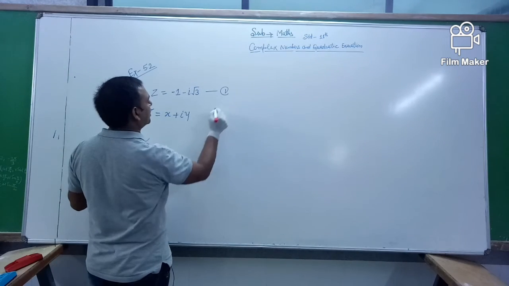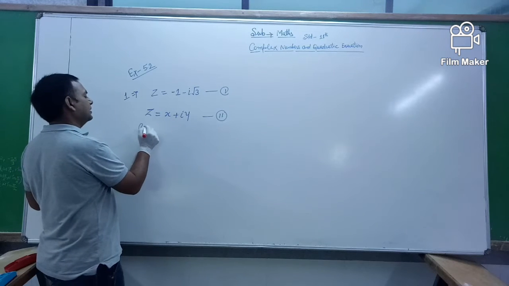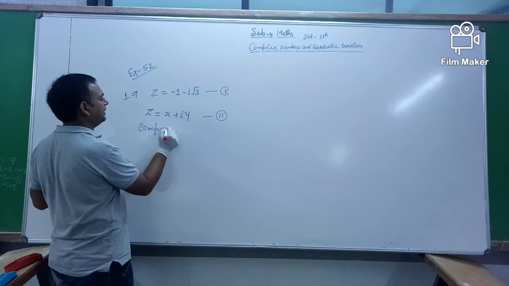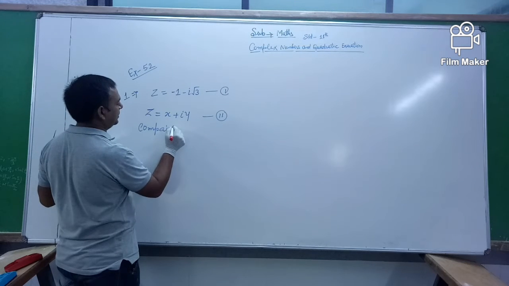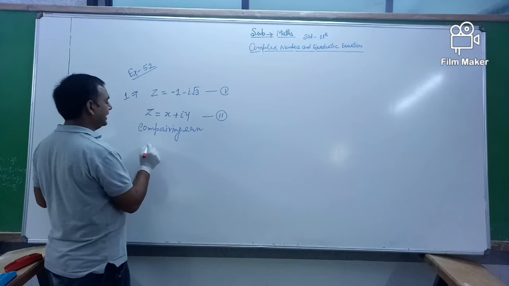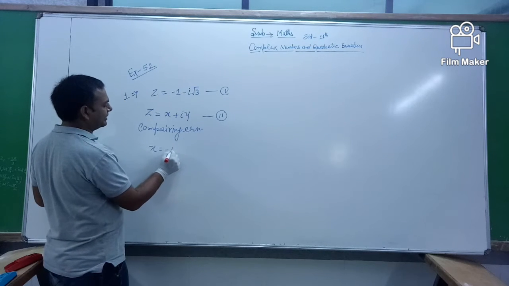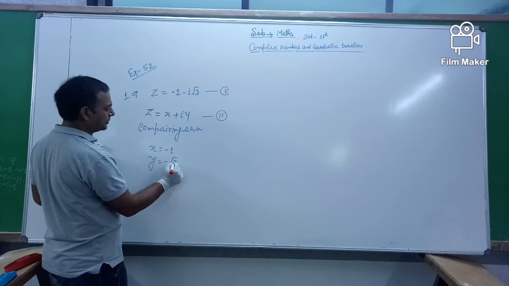This is equation number 1, and this is equation number 2. After comparing the equations, x is equal to minus 1 and y is equal to minus under root 3, right?